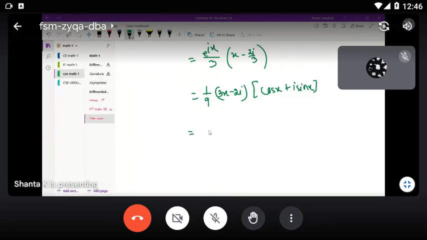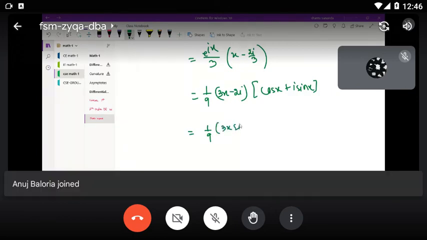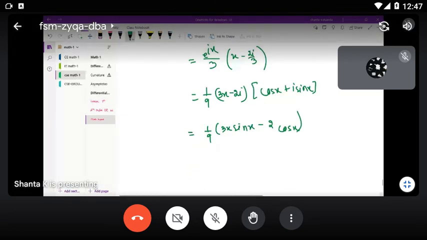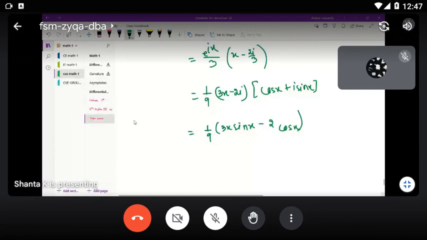So 3x sin x is one term, and here 1 by 9 minus 2i cos x, so minus 2 by 9 cos x. We can take this 9 out: 1 by 9 into 3x sin x minus 2 cos x. This is the imaginary part.